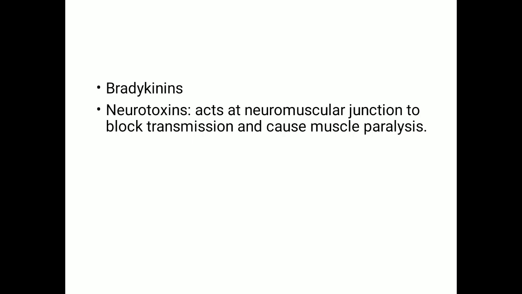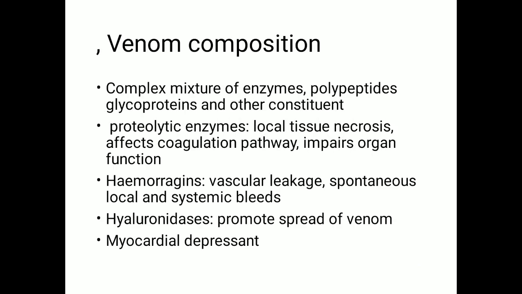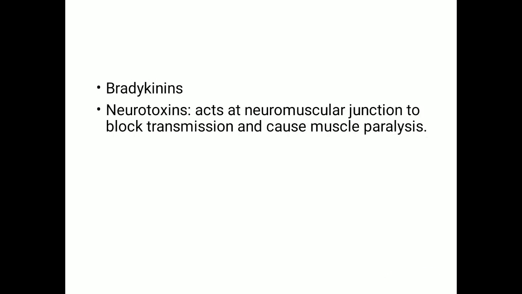For example, in vipers, hemorrhagins and proteolytic enzymes are predominantly present. Whereas in a cobra or krait bite, especially the krait, which contains a neurotoxin, it is a very dangerous snake bite, which leads to death due to respiratory muscle paralysis within a few minutes if not identified and treated.